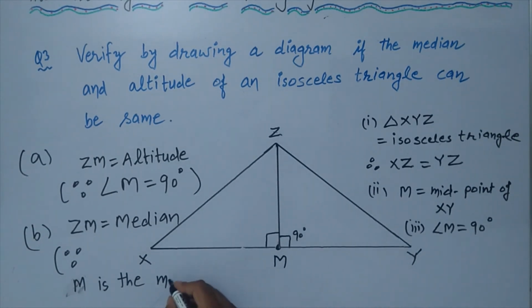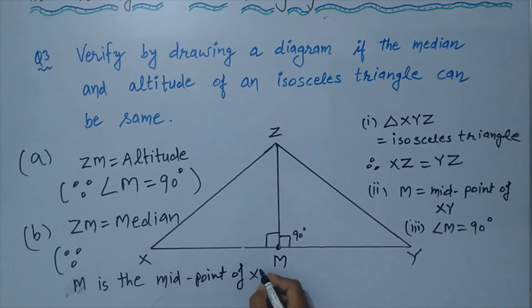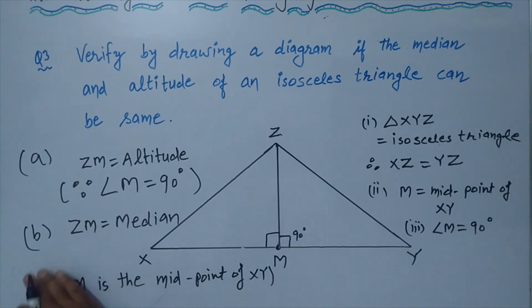M is the midpoint of XY. So this is the reason we say that ZM is the median, hence verified, right? Thank you very much.